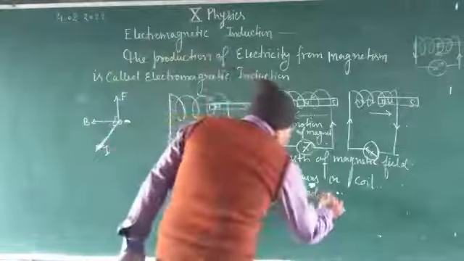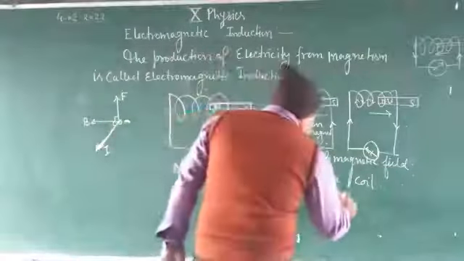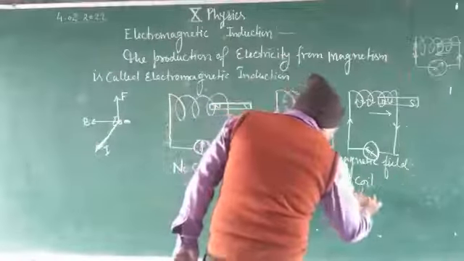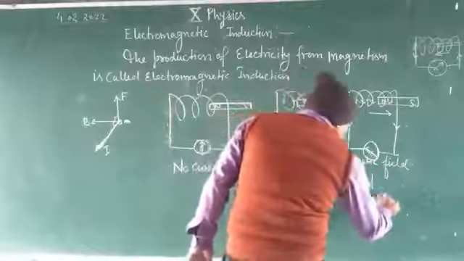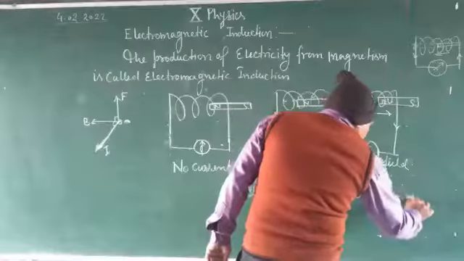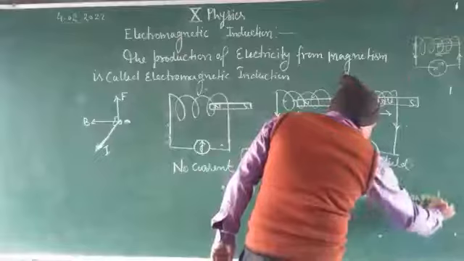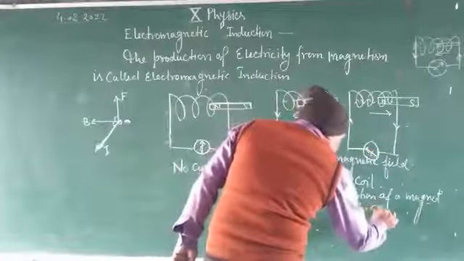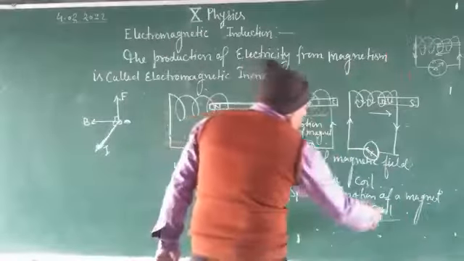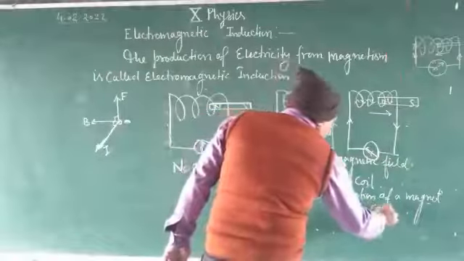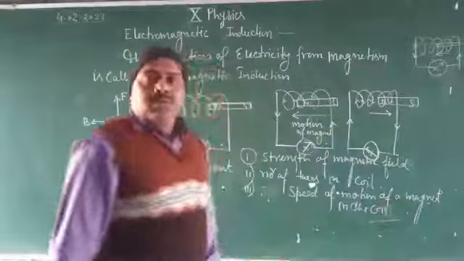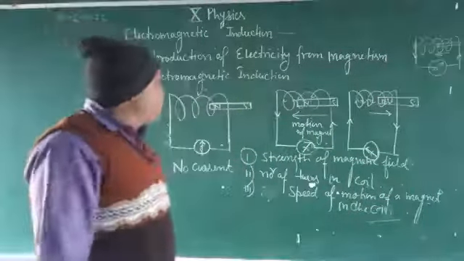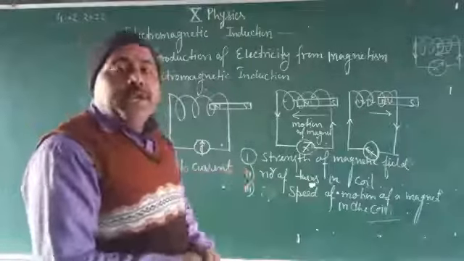Speed of motion, or the speed of magnet in the coil, or the relative motion between the coil and magnet. These are the factors on which the magnitude of induced current depends.